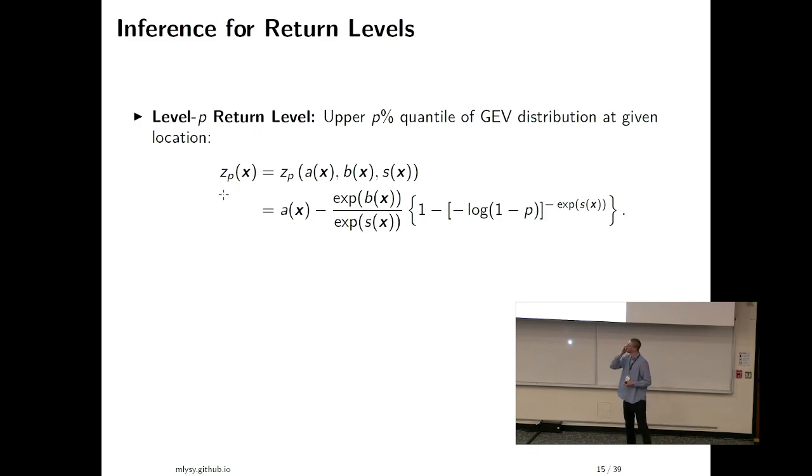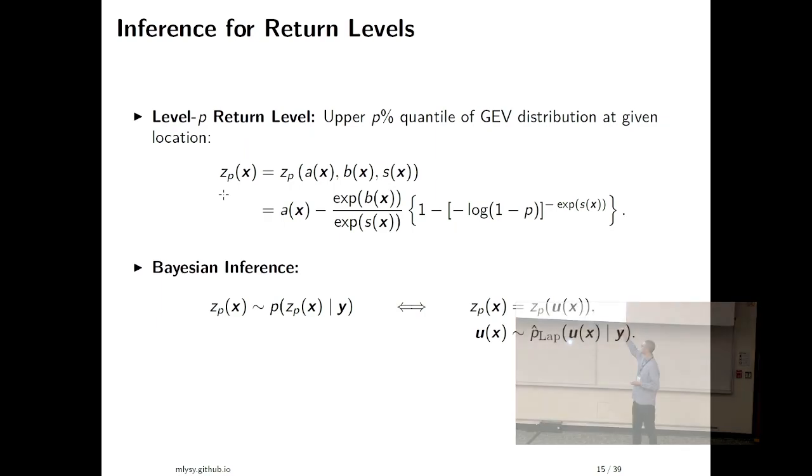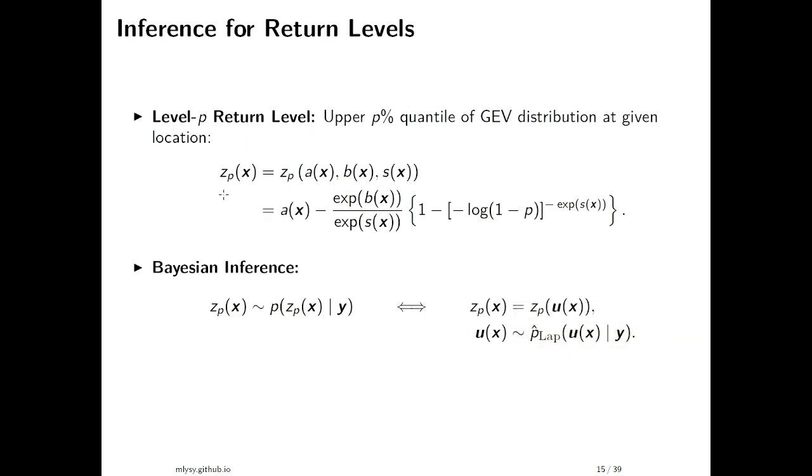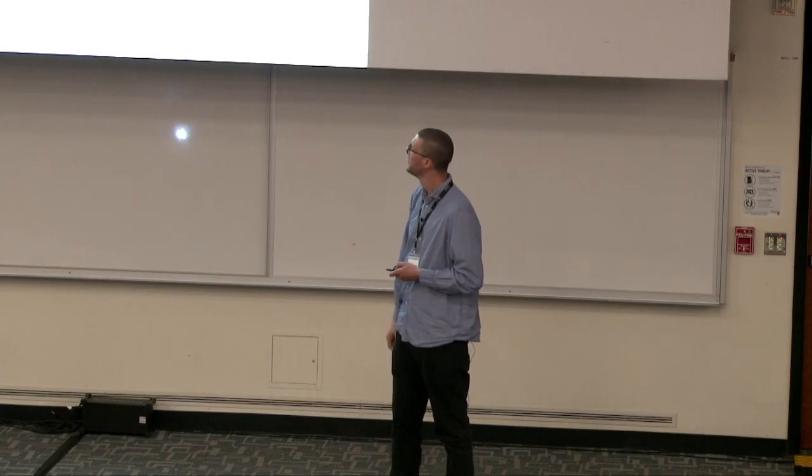This is something that's used very often in climate extreme value settings. It turns out in this case, this is just a straightforward transformation of the GEV parameters. So it's not hard to do Bayesian inference here. You just draw from the random effects distribution, you apply your transformation. That's how you get one sample. You just keep doing that over and over.